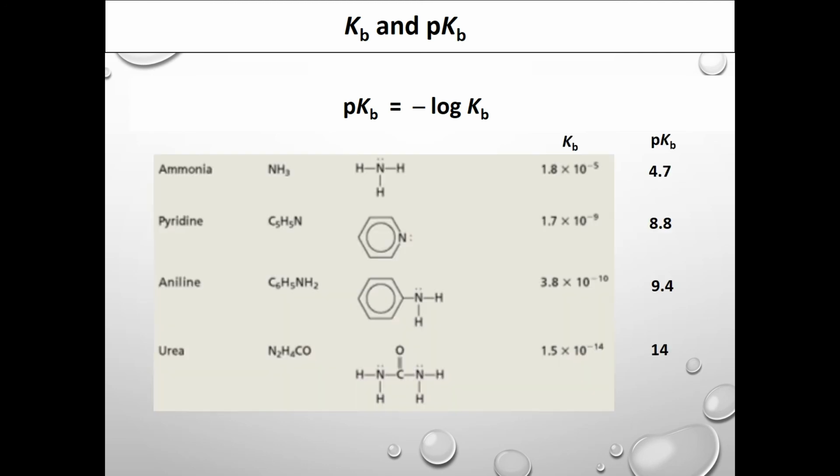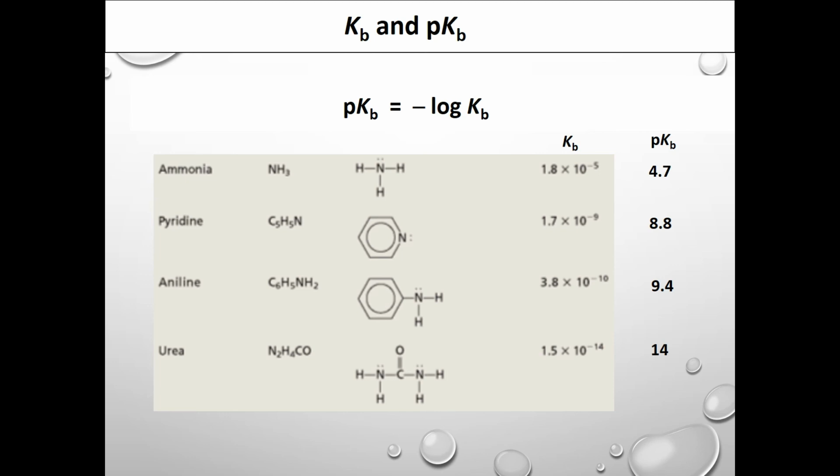Let us look at the relationship between Kb and pKb. pKb equals the negative logarithm of the Kb value. In the table, it is shown the Kb and pKb values for various weak bases.